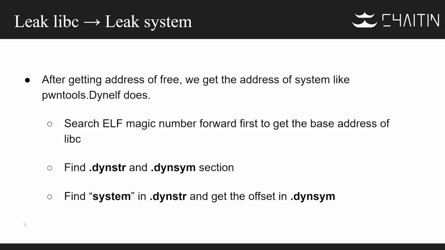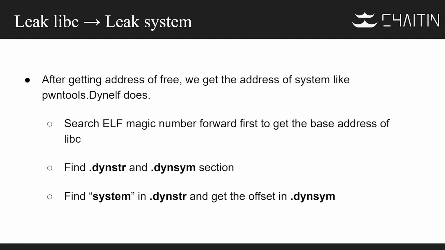After getting the address of the function free, we get the address of the function system like DynELF does in pwntools. We search for the ELF magic number backward first to get the base address of the libc. Then we find the dynstr and the dynsym sections by parsing the header of the ELF.